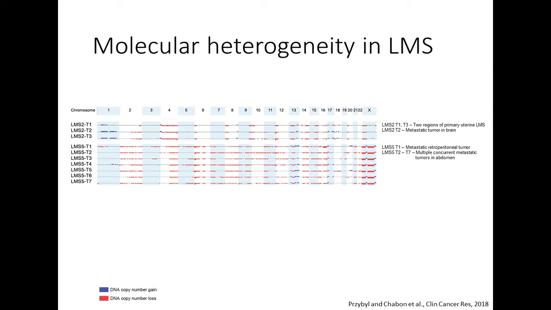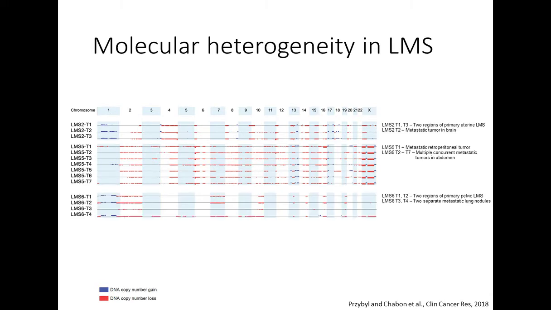In patient LMS5, we profiled the metastatic retroperitoneal tumor and multiple concurrent metastatic tumors from the abdomen that were removed approximately 1 year after the first tumor specimen. And in this example, you can appreciate also the inter-tumor heterogeneity in leiomyosarcoma, for example, by looking at alterations in chromosomes 1, 3, or 18 across different tumor specimens.